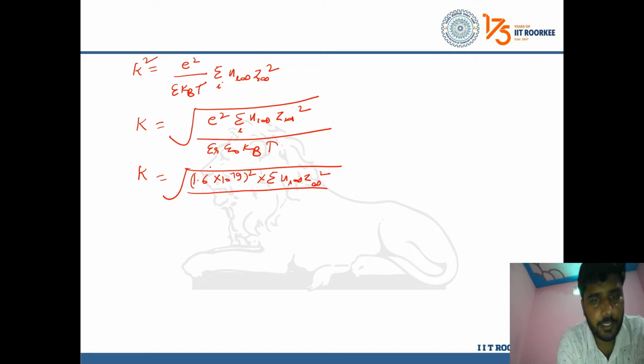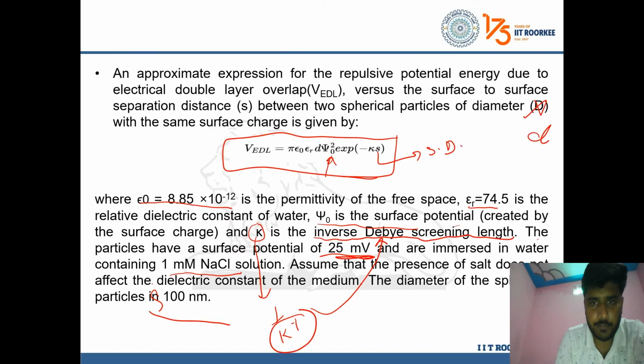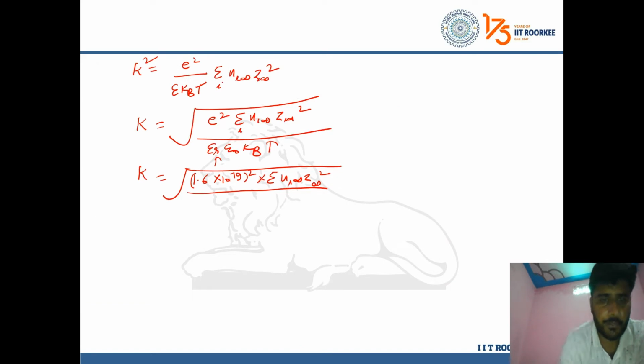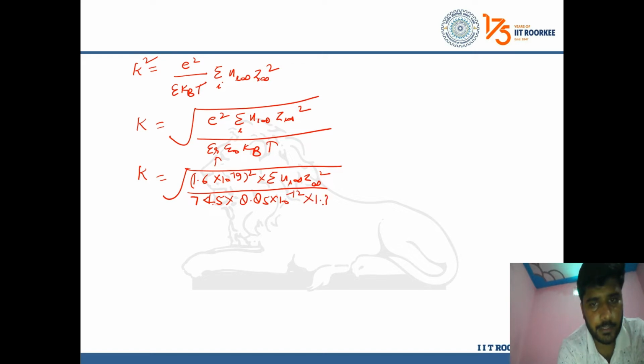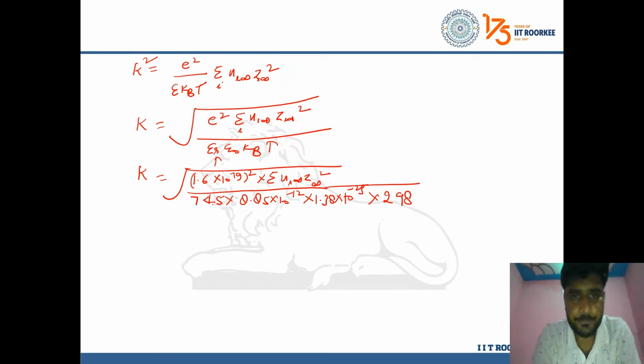Relative permittivity you are given 74.5, and for the space it is given 8.85 10 raised to minus 12, and the value of Boltzmann constant is this, and you can write 298 because 25 degrees Celsius is the temperature. So all the terms are given here except this term you have to calculate.